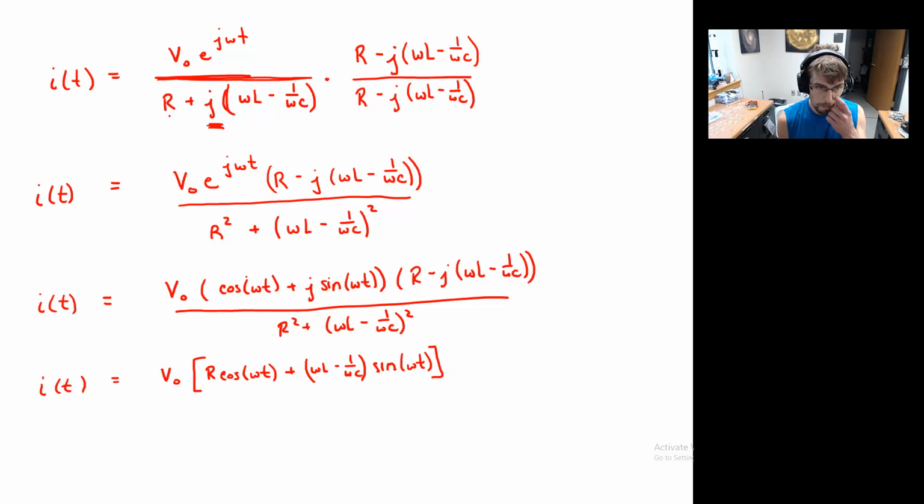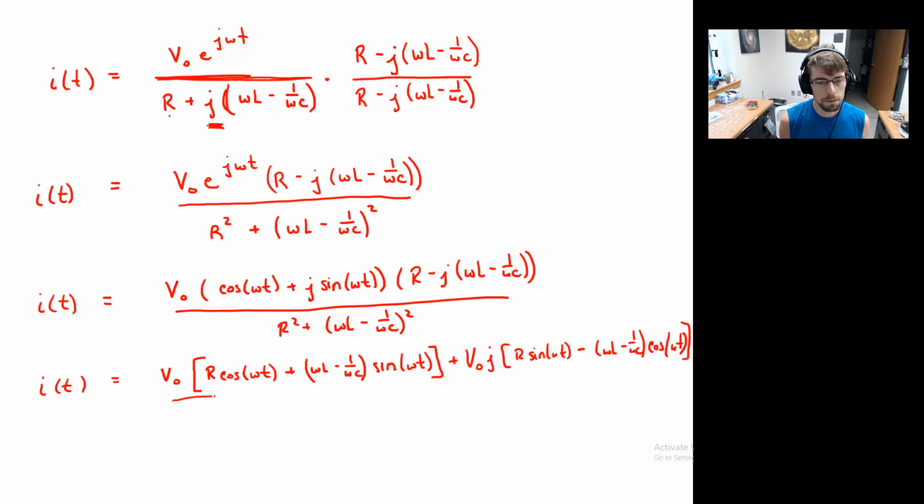I have plus j, and I guess there's a V naught there too, so V naught j, R sine of omega t minus omega L minus 1 over omega C cosine of omega t.